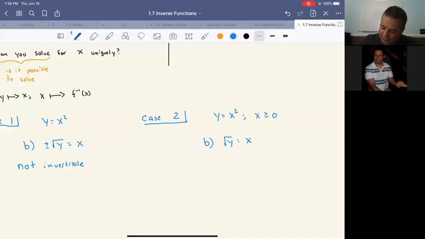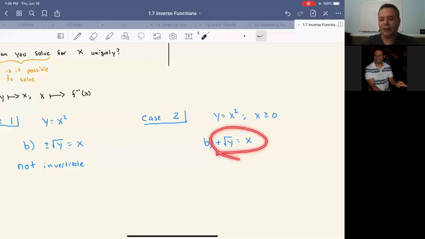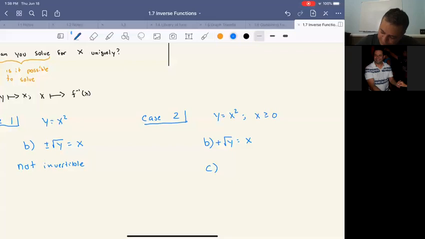I don't need the minus. In fact, I don't have the minus because my x is greater than or equal to 0. So this gives you the greater than or equal to part. And now I can go to part C. Replace y with x, and that then gives you f inverse of x. So f inverse of x equals square root of x.